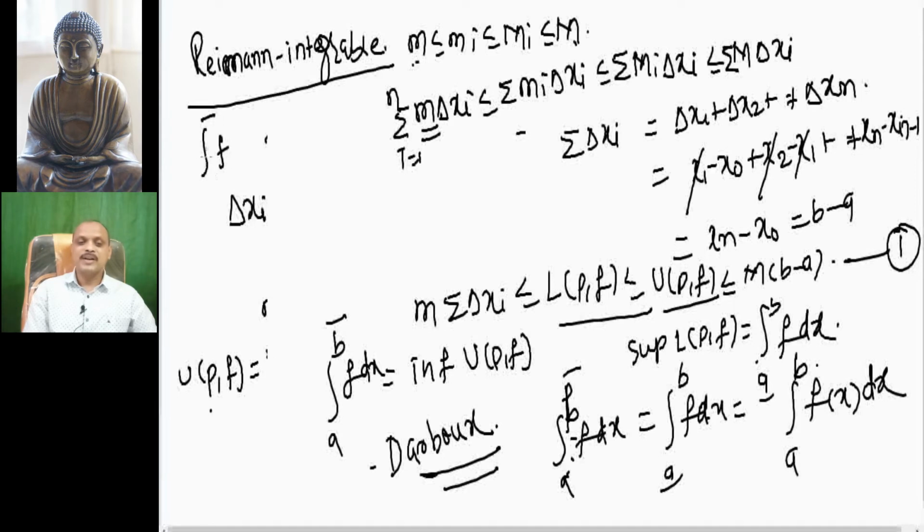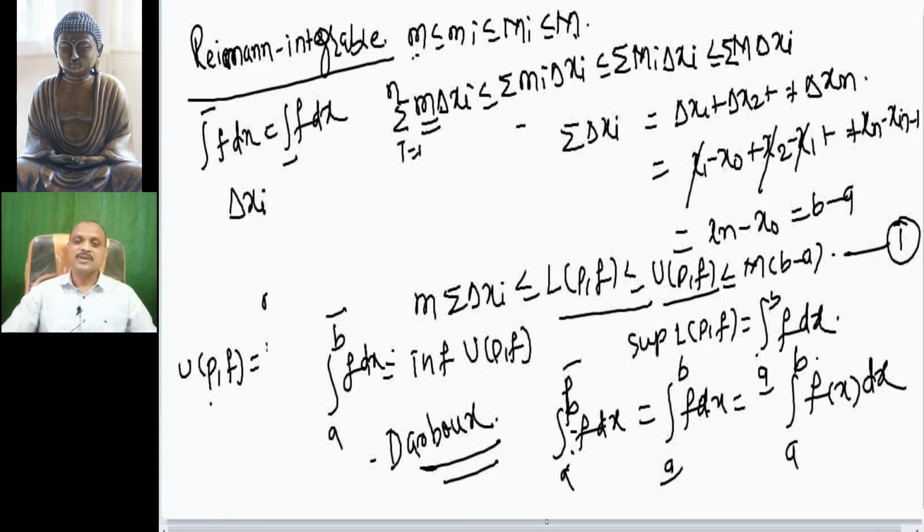When the upper integral, which we can also denote like this, equals the lower integral, then the function is called integrable, Riemann integrable, or we can simply say that the function is an integrable function. I hope you have got the definition of Riemann integration.